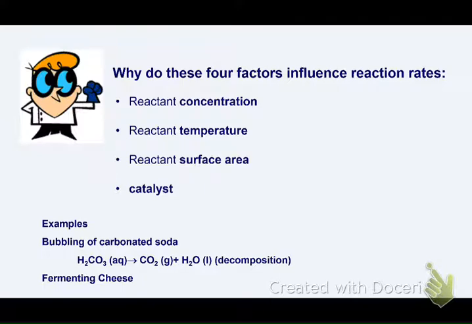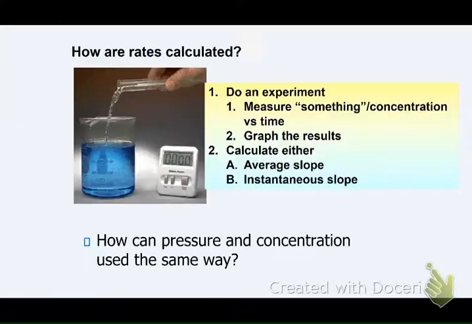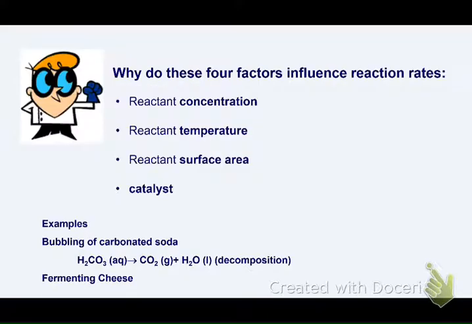Okay? Now I'm going to tell you, there are reactions where you double the concentration and nothing happens. And that's telling us something too. It's telling us about what steps are important in the chemical reaction to make it go forward. So reactant concentration increases frequency.